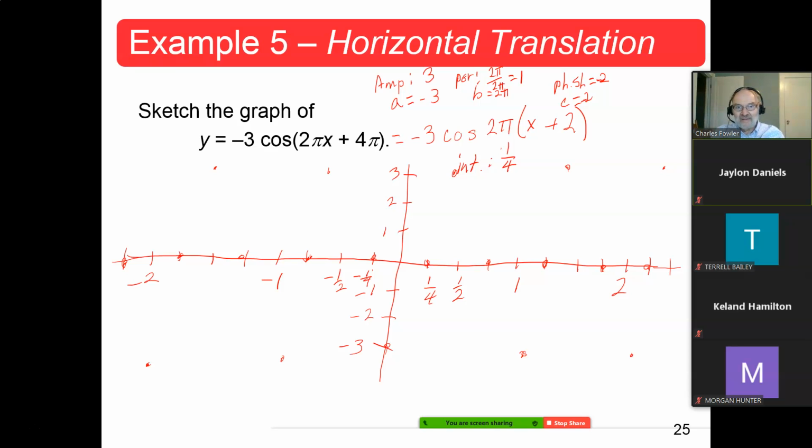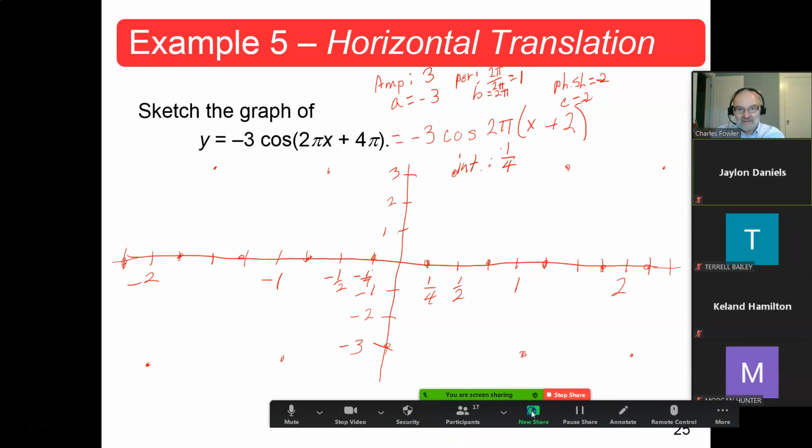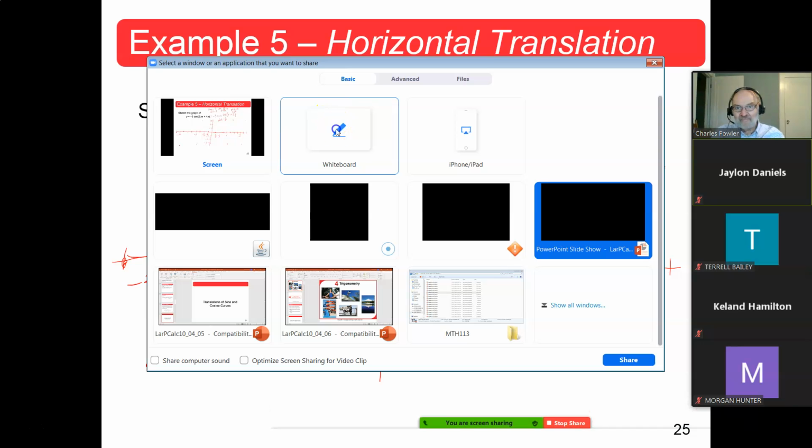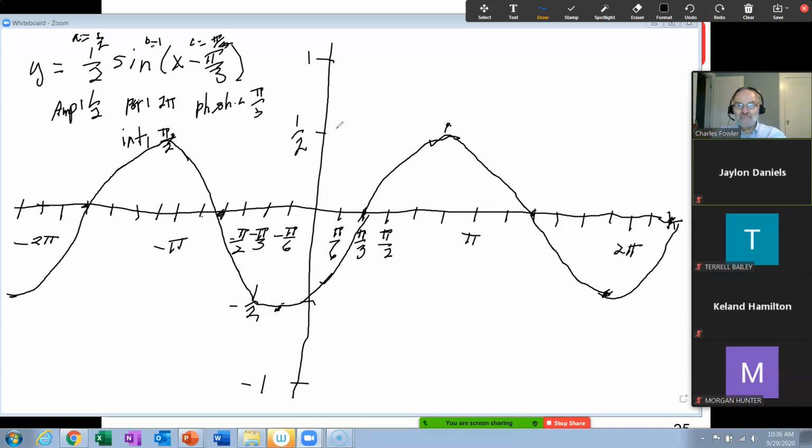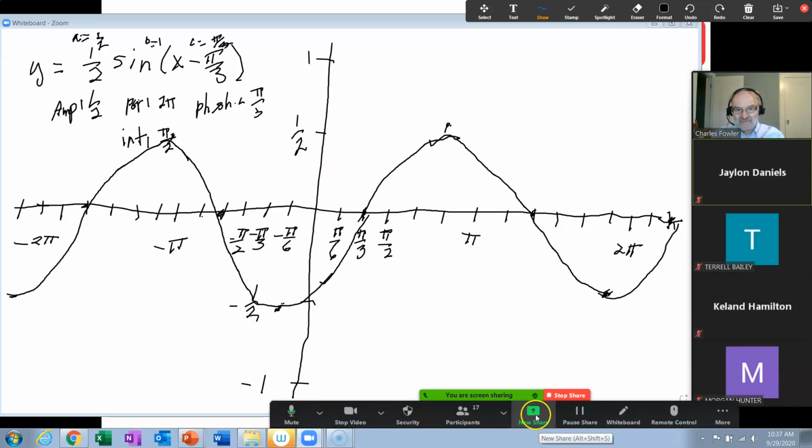Okay. Let me try this. Let me go to the whiteboard. That's what we had before. That was that sine function with a, what does that look like to you? It's right. You can see that. Yeah. Wow. And let me go back to the other one just to see if that changed.